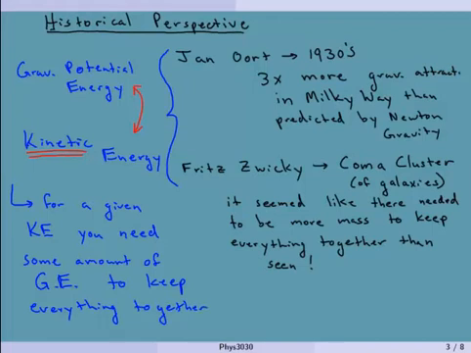If everything's moving really fast, then you need a larger amount of gravitational energy to keep it all from flying apart. If everything is moving slower, it takes a little less gravitational potential energy. That's what Zwicky was seeing: all of these galaxies were moving around, and he used redshift and blueshift to see how fast they were moving. It seemed like they were moving too fast to be bound together for how much stuff he could see.